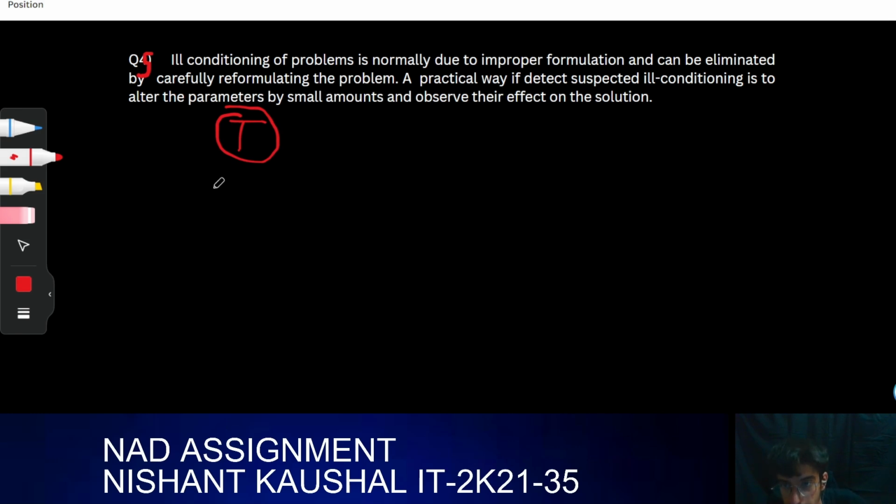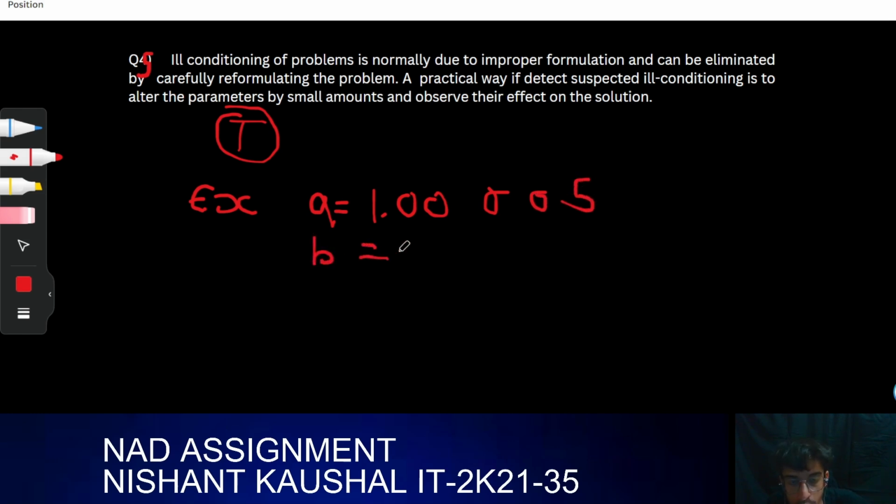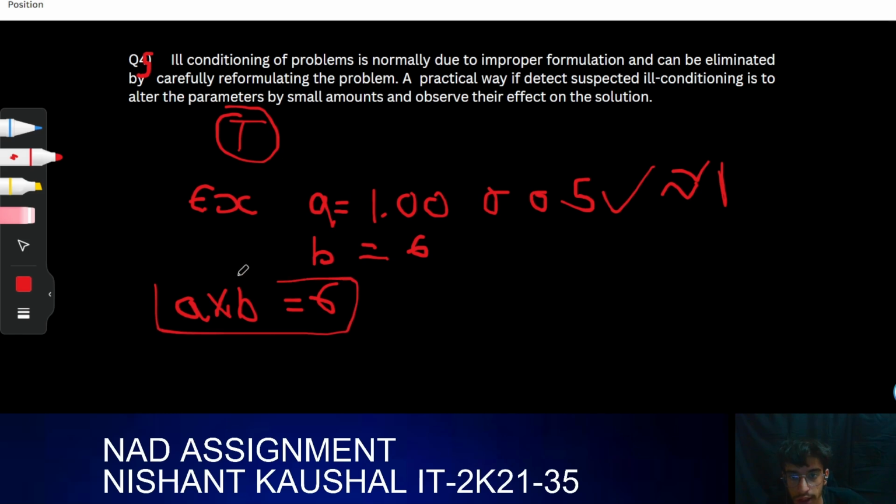because let us take an example where we have a number A equals 1.00005 and B equals 6, right? So if we do A plus B and consider this number as approximately 1, then the answer would be 6. We would get this answer very fast, but its accuracy is very low, right?